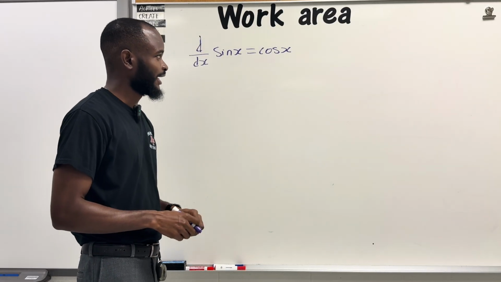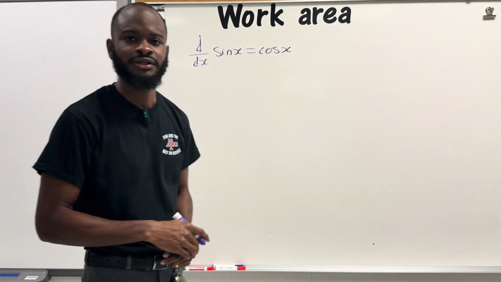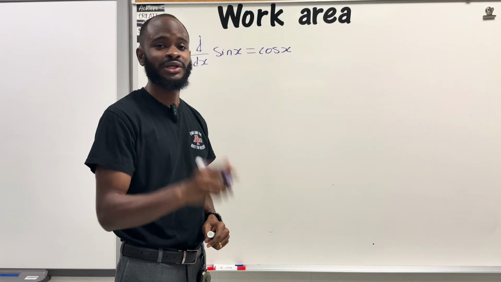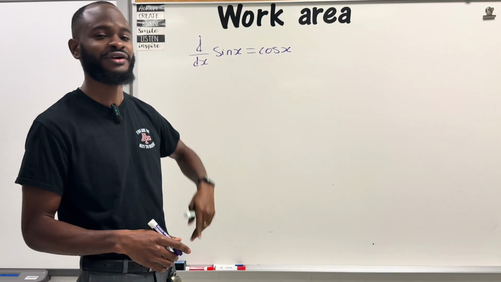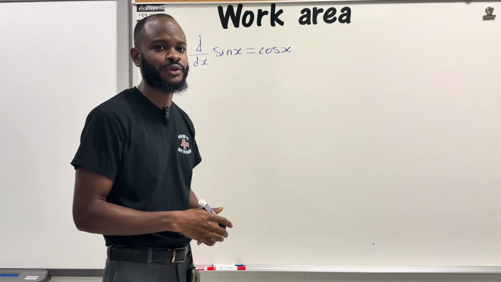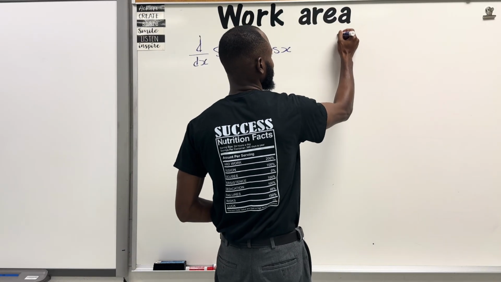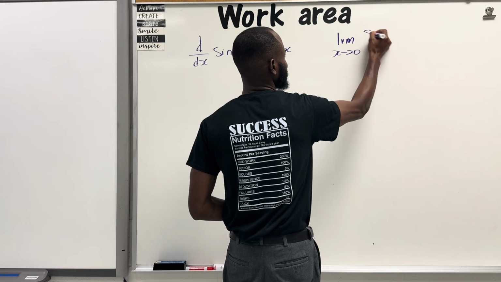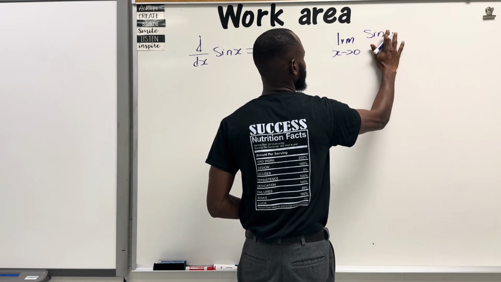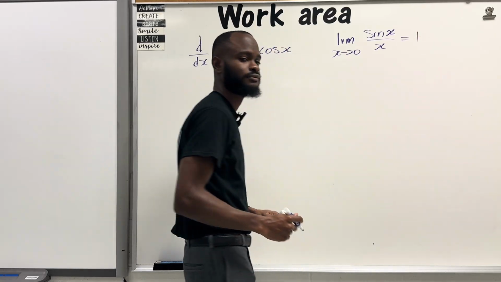And we're going to write some limits that we're going to be using over that side, as well as the trig identity that we're going to be using, so that when I make reference to it, you understand what I'm doing. So we are going to recall that the limit as x tends to 0 of sine x over x is equal to 1.